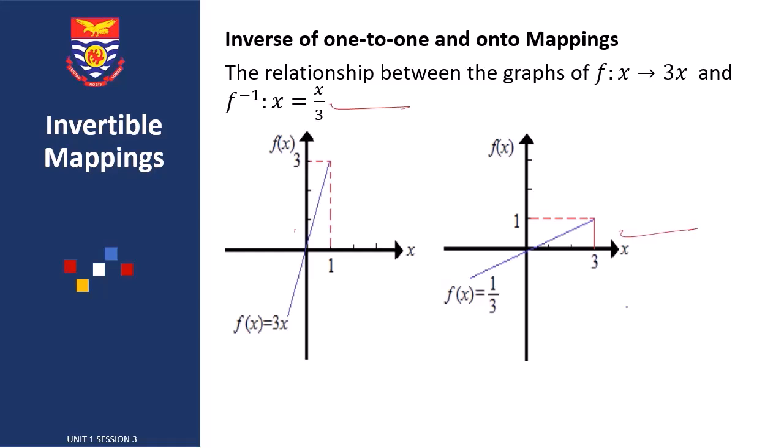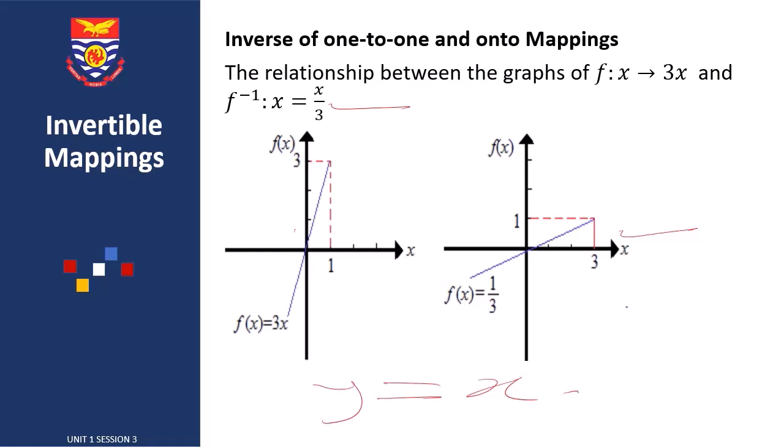We can see that the relationship between the two graphs can be seen as a reflection in the line y equals x, as a transformation or rigid motion. So this observation will help us to find the inverse of more complicated mappings.